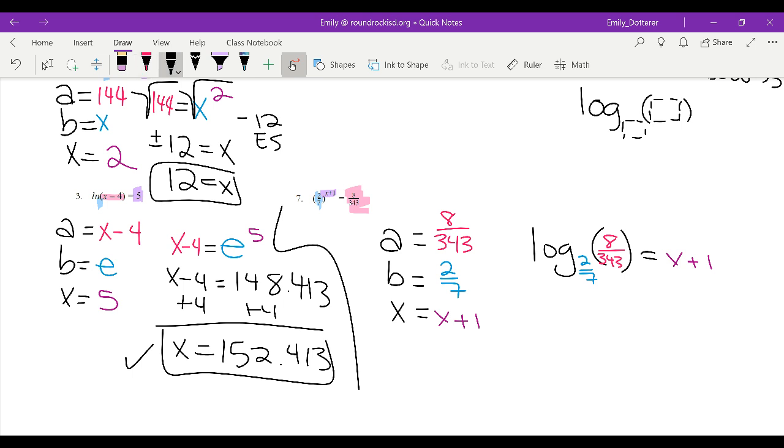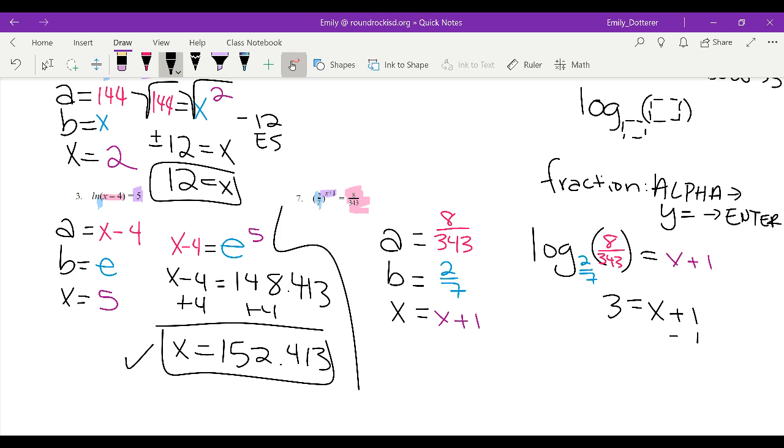In our calculator, to get a fraction, we hit alpha, y equals, and then enter. So alpha window 5 to get the log, alpha y equals enter to get the fraction. And we get 3. So 3 equals x plus 1.